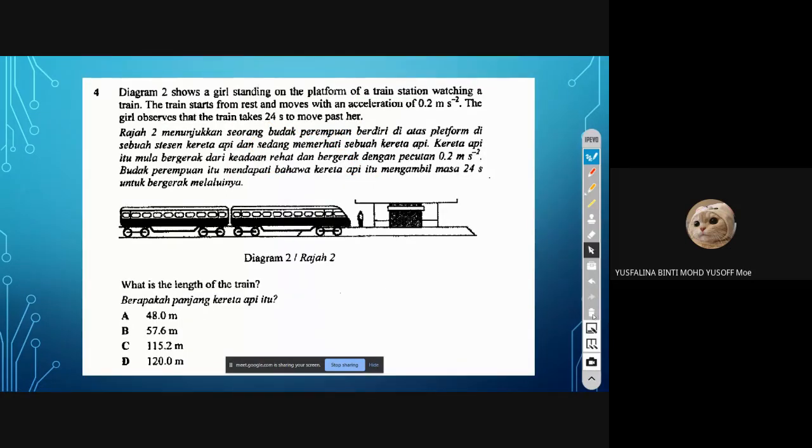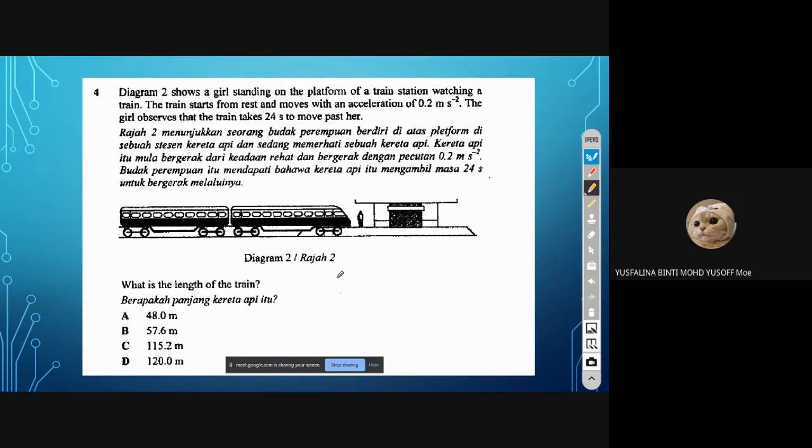Diagram 2 shows a girl standing on the platform at a train station watching a train. The train starts from rest and moves with an acceleration of 0.2. The girl observed that the train takes 24 seconds to pass. What is the length of the train? First you have to take out the info given.